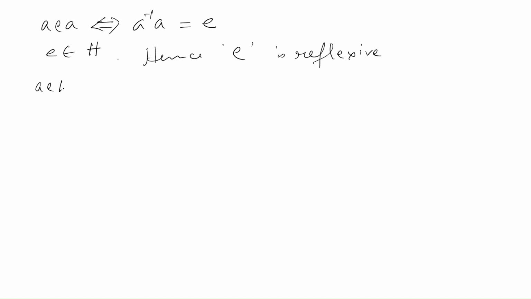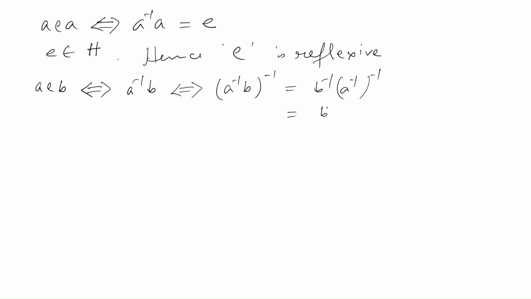Next, a rho b implies a inverse b belongs to H, which implies the inverse of a inverse b, that is b inverse a inverse inverse, that is b inverse a, belongs to H, which implies b rho a. Therefore, the relation rho is symmetric.